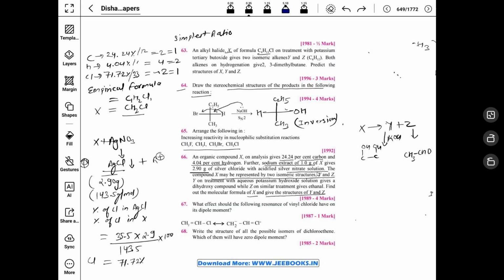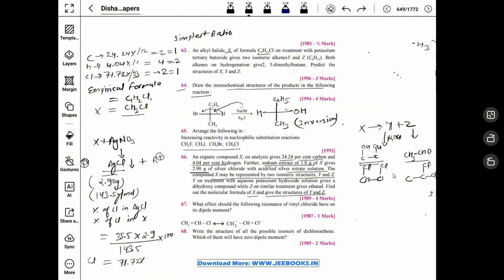Now it is saying that X has two isomeric structures, and on treatment one gives this, another gives this. The formation of this compound indicates that the chlorines are present on different carbon atoms like this, and in this case it is indicating that the halogens are present on the same carbon.